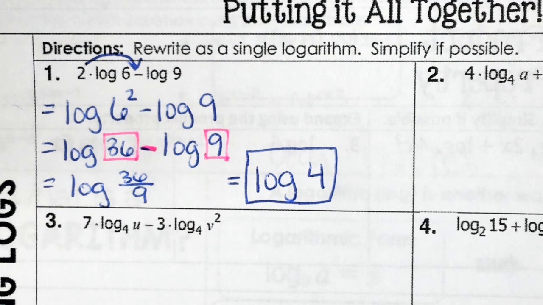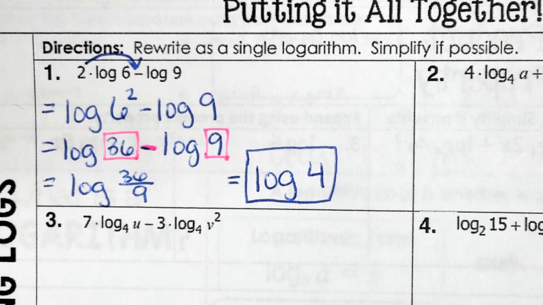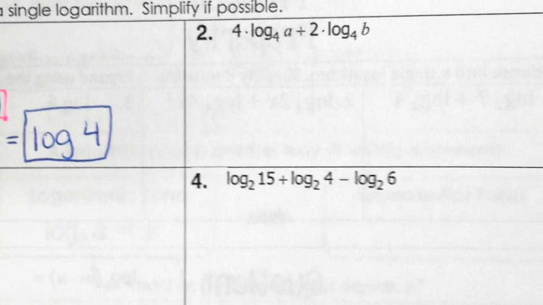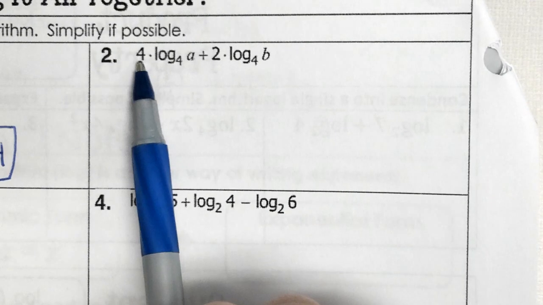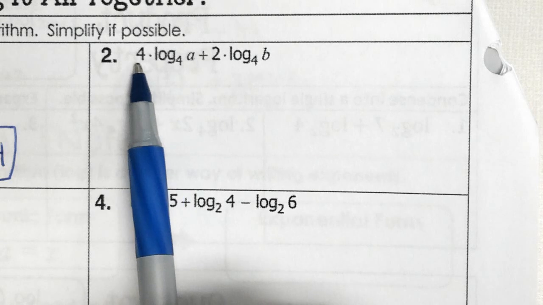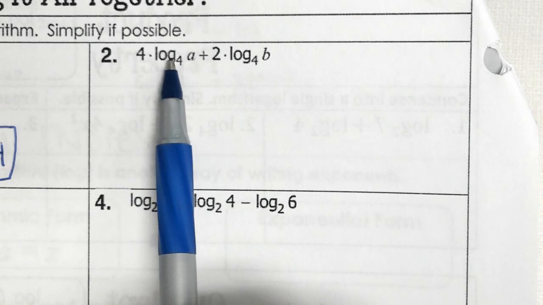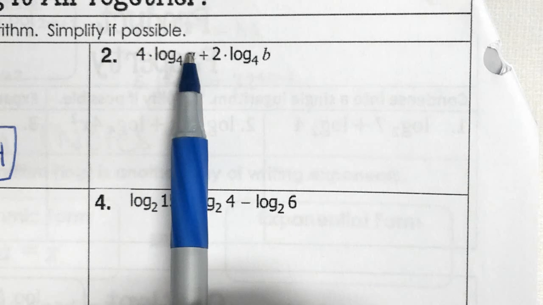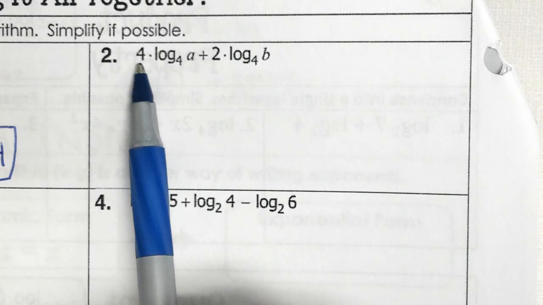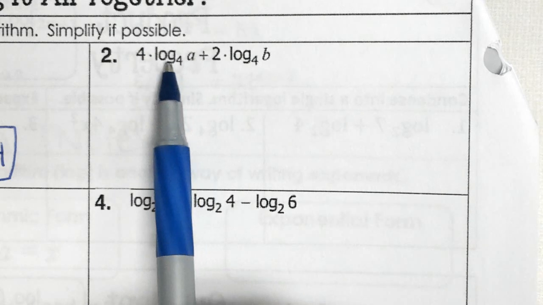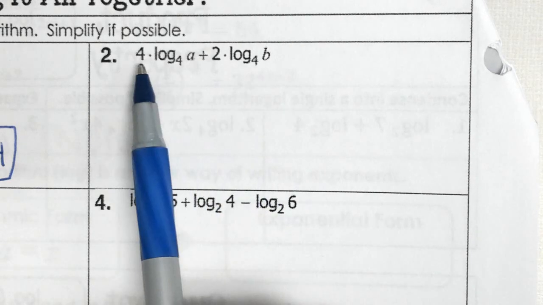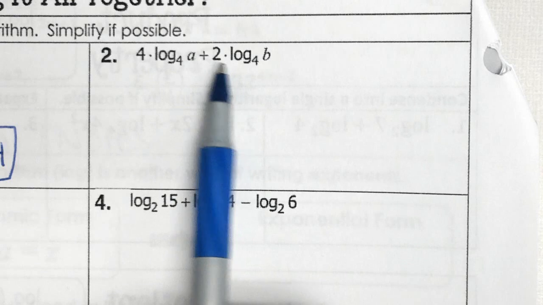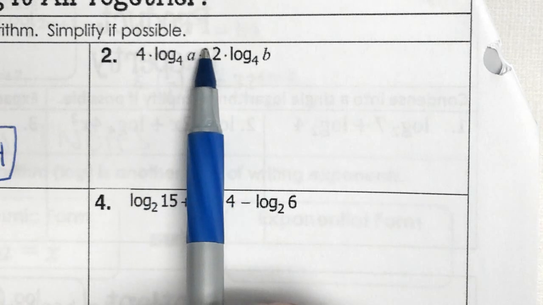So there's number 1. Number 2 is similar. So number 2, once again, you're always going to look and see, is there a number being multiplied to that log? If there is a number multiplied to that log, the first thing you need to do is move that to the exponent. So that 4 right here is attached to the first log, and this 2 right here is attached to the second log. The 4 is in front and the 2 is in front, so that means we're going to move it to the exponent.